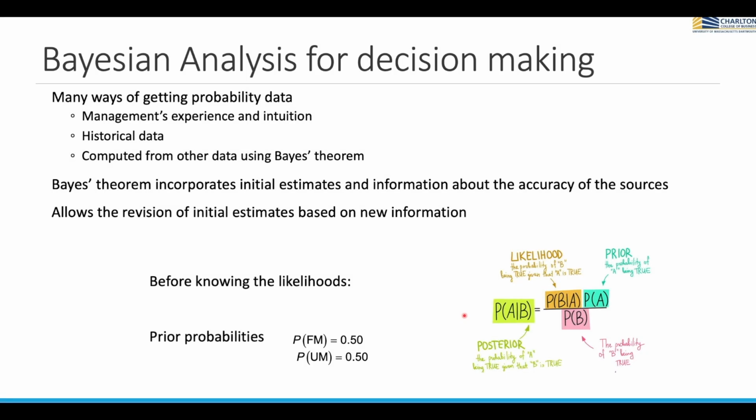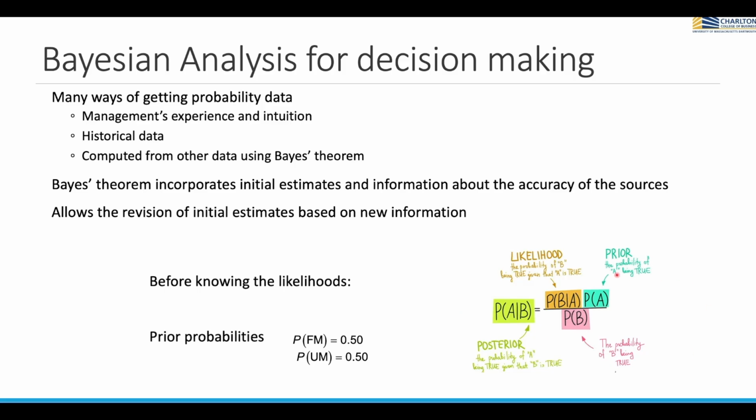We also can use Bayesian analysis for decision making. Basically, we can use Bayes' theorem in order to find the conditional probability or posterior probability. There are many ways we get that probability data. It can be a management experiment, an intuition, historical data, or computed from other data using Bayes' theorem.